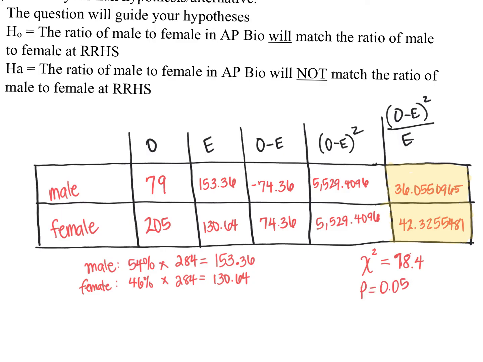You're also going to need to know the degrees of freedom. Now, your degrees of freedom are always going to be the number of categories minus 1. So in this case, we have two categories, male and female. That would mean our degrees of freedom is equal to 2 minus 1, which comes out to be 1.